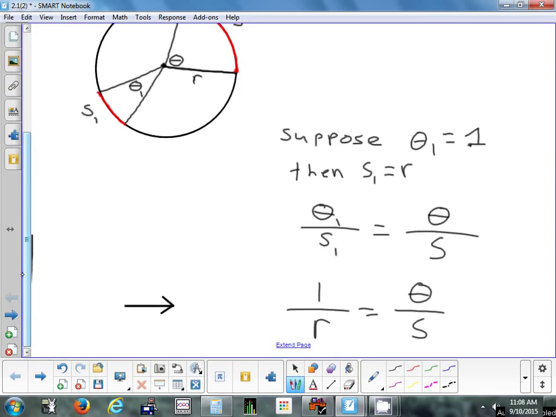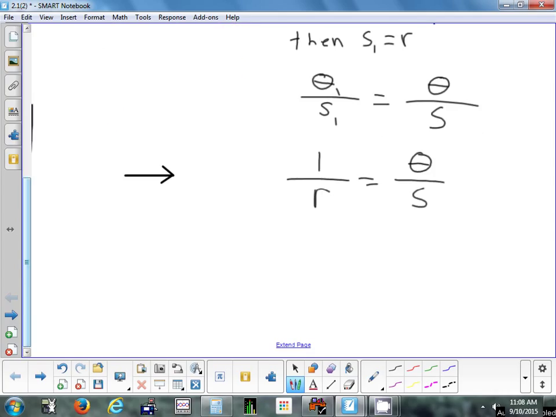All right. Now, how do you solve a proportion? What do you normally do? Hey, you can cross multiply. Right, so what we're going to do here is we're just going to cross multiply. How about Jess? What's S times 1? Yeah, it just stays the same.